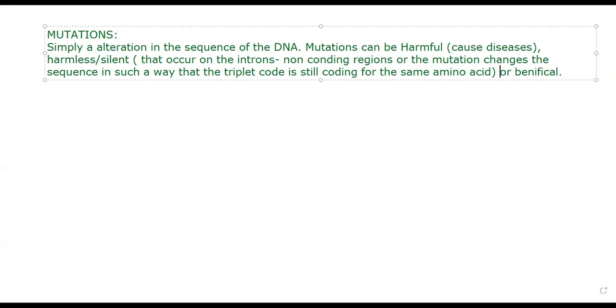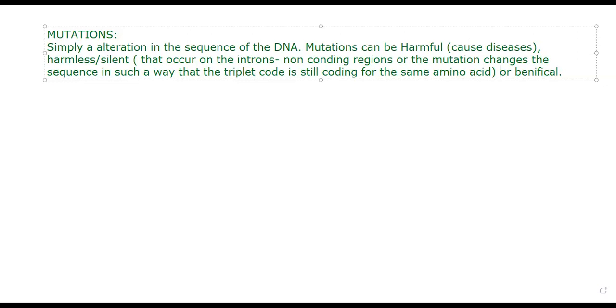And what can happen, for example, if it's ACC and AGC, there's one mutation. It goes from ACC and it mutates to AGC. Now, both of these triplet codes are for glycine, right? So in that case, even though there has been a mutation, the amino acid that will be incorporated will still be glycine.